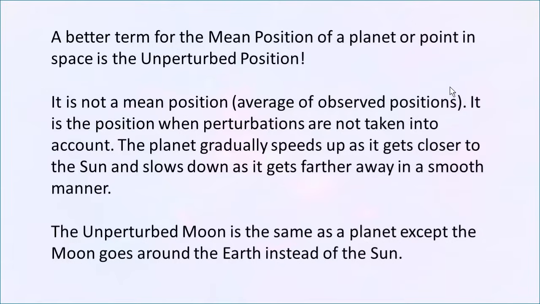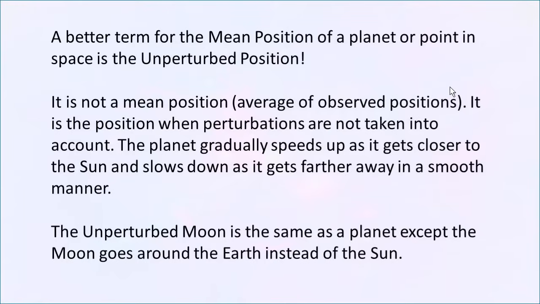It's not where you take the position of, say, the nodes at 2 points in time. It's simply Kepler's laws of motion without any perturbations, and we'll learn what perturbations are. So anyway, bottom line is this: a better term to use than mean position is unperturbed position, meaning the position of the planets after you apply Kepler's laws and before you take into account perturbations.